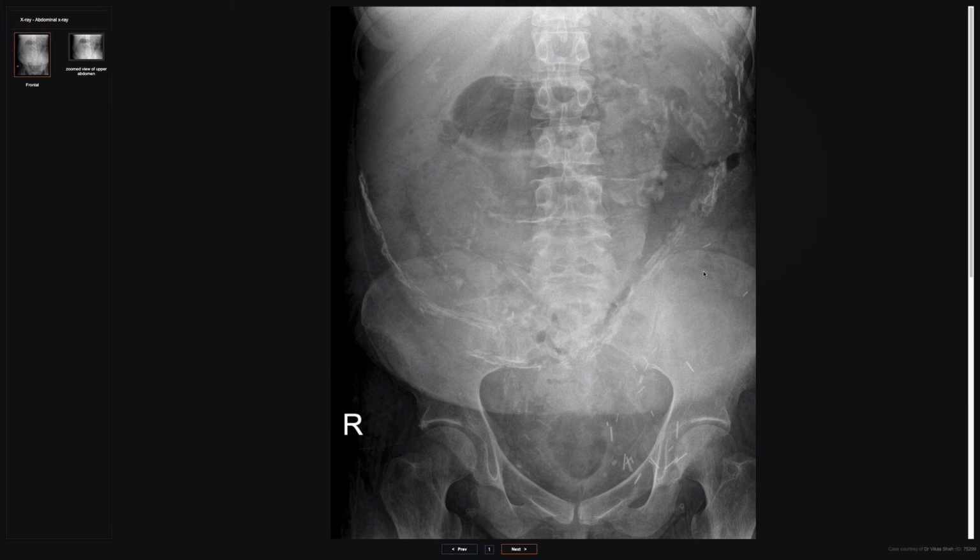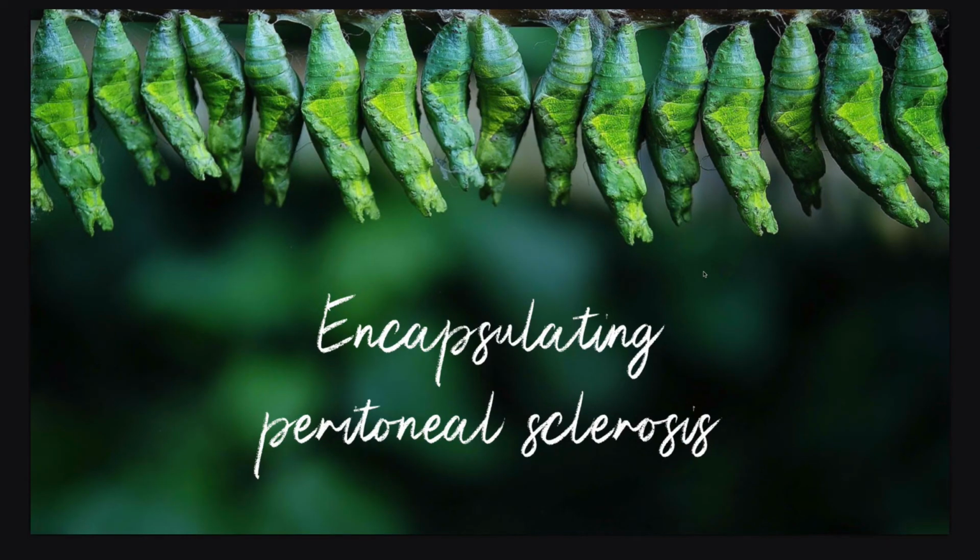And what you get effectively is like a shell, a cocoon formed. And that's one of the various phrases that you'll hear describing this, which is peritoneal cocoon or abdominal cocoon, because the peritoneal space becomes calcified, becomes a shell. The surface of the mesentery can become calcified, and the small bowel is not very mobile. These patients suffer from a form of subacute, chronic bowel obstruction.